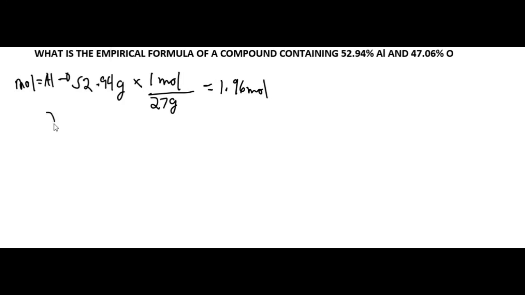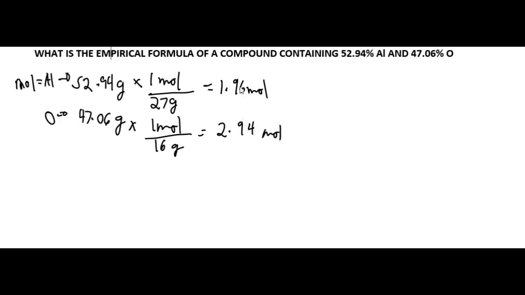Then we have the oxygen. Oxygen is 47.06 grams times 1 mole divided by the atomic mass of oxygen, 16 grams. So if we divide that, that's 2.94 moles. Now that we have this, which of the following is smaller?